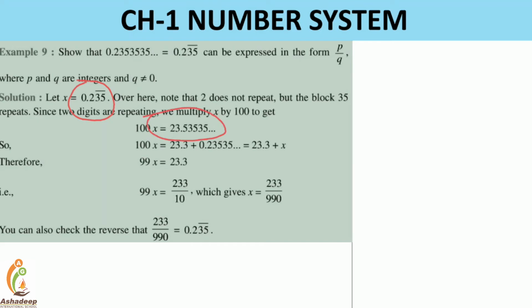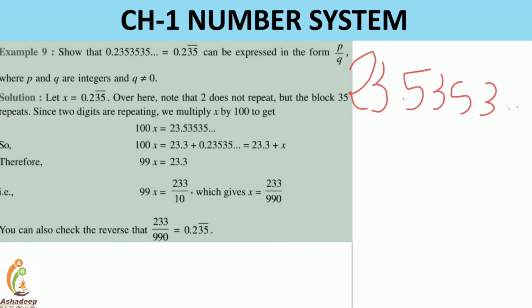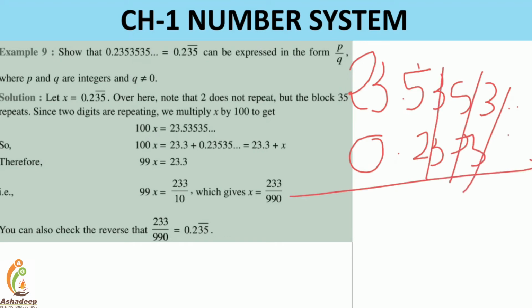So it is nothing but simple. If you want to take the bar as it is, that is also fine. I'm just going to subtract it here. See, 23.53 bar, 23.5353 on and on, and 0.2353, right? 3 3 cut, 5 5 cut, 3 3 cut, 5 minus 2 is 3, and 23.3, right?